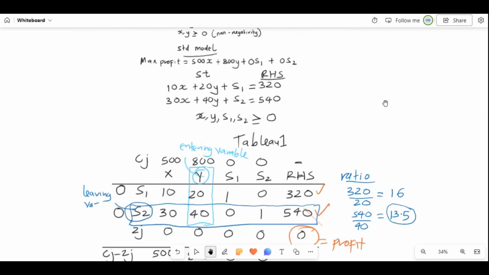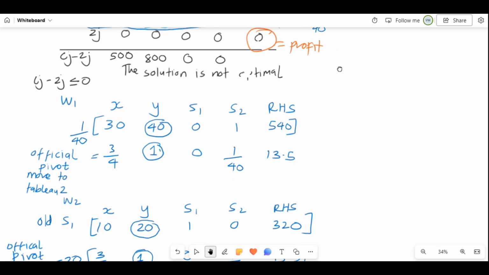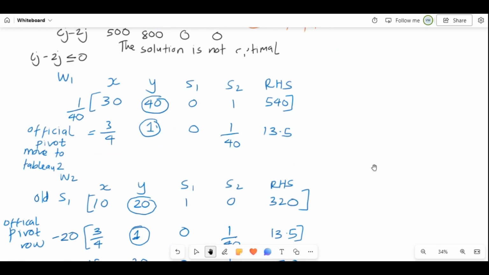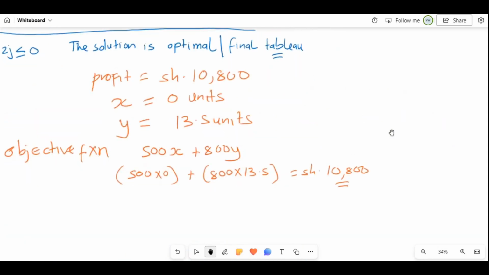If we go to our constraint, our first constraint was 10x plus 20y plus S1 is equal to 320.